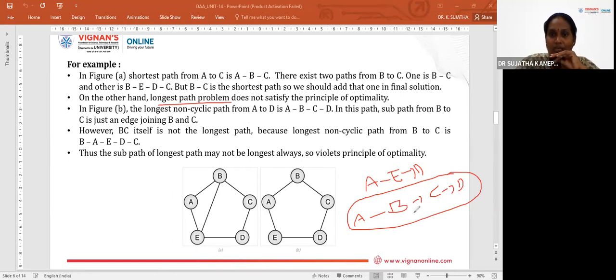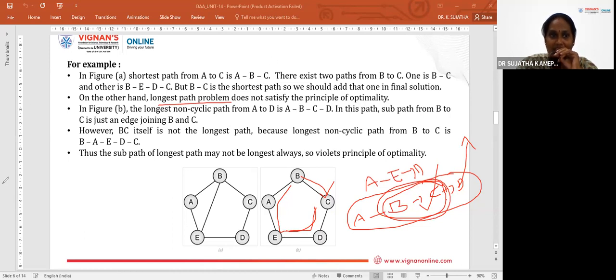Now, in this longest path, if I take the subpath B to C, is it the longest path from B to C? I can travel from B to C via A, E, D, C. That is the longest path from B to C, but the direct edge is not the longest path. So it does not become optimal, since it does not satisfy the principle of optimality.